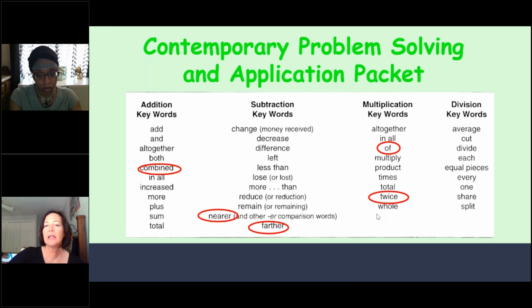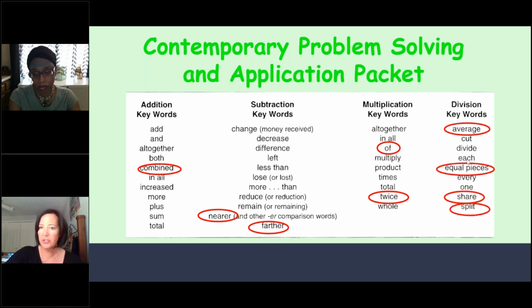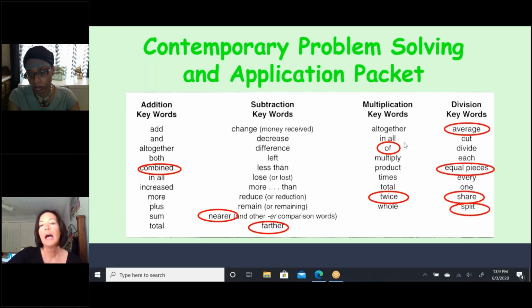When you're multiplying, of is the number one helpful keyword for me anyway, but a lot of times you'll hear twice or 3 times the number. And then for division, a lot of times you'll hear the word average, or anytime they're talking about equal pieces or sharing something or splitting something. Those are all keywords indicating that you are probably going to have to divide those numbers.